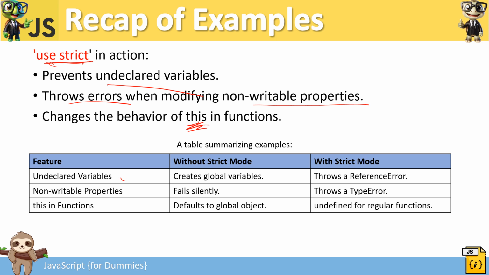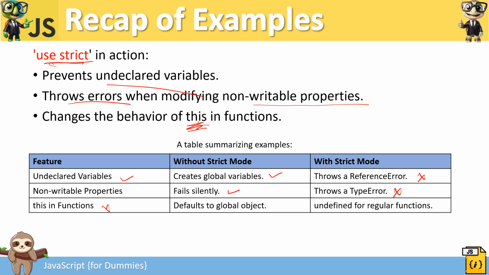So the general features. Undeclared variables: without strict mode, you can create global variables; with strict mode, it throws a reference error. Non-writable properties: you can create a non-writable property and then actually edit it in standard JavaScript, but if you enforce use strict, it will throw an error, ensuring there are no silent failures at the back end.